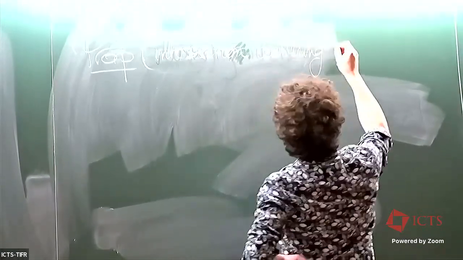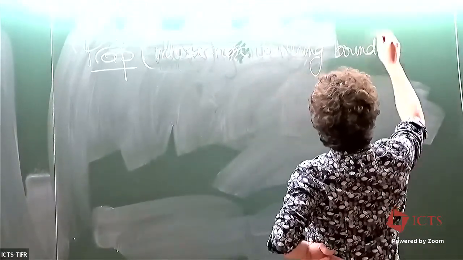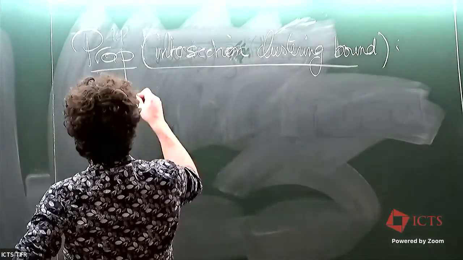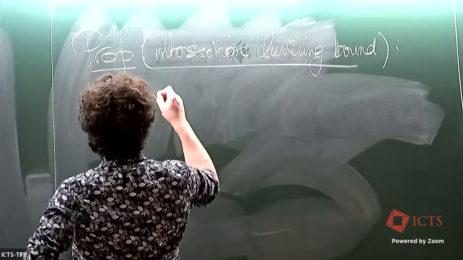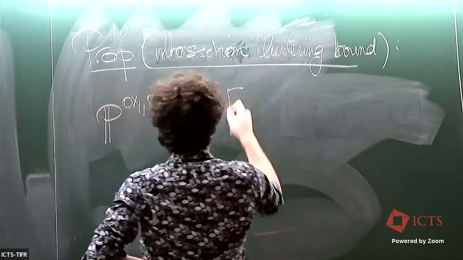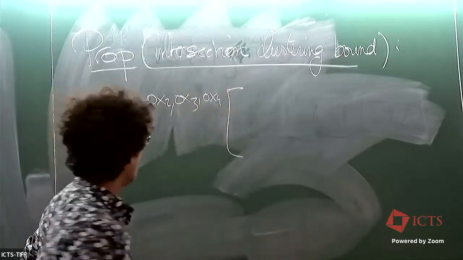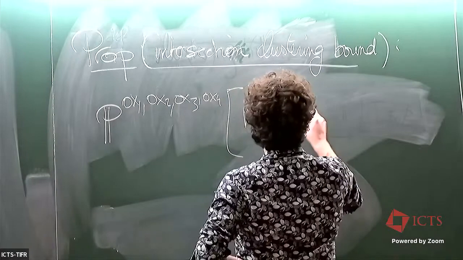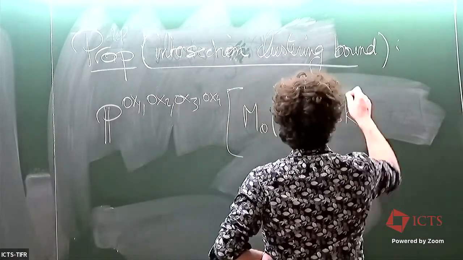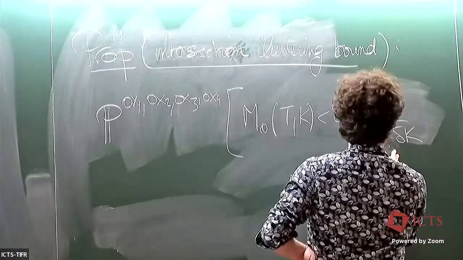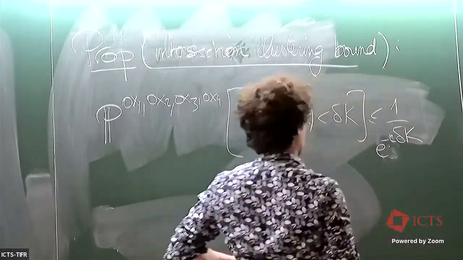We need to prove that the probability, 0x1, 0x2, 0x3, 0x4, I'm just translating that U becomes 0, that mu tk is smaller than delta k. We need to prove that this is small. Let's say e to the minus constant delta.